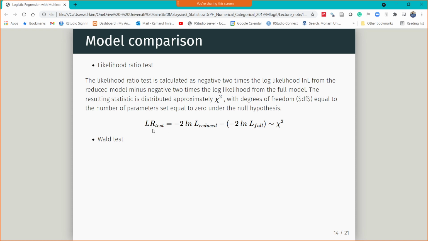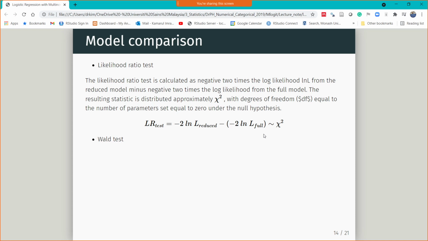the formula for likelihood ratio test is this: LR test equals minus 2 of the natural log likelihood for the reduced model minus minus 2 log likelihood of the full model. Full model means the model that has more covariates, and the reduced model is the model with a lesser number of covariates, the smaller model lah.